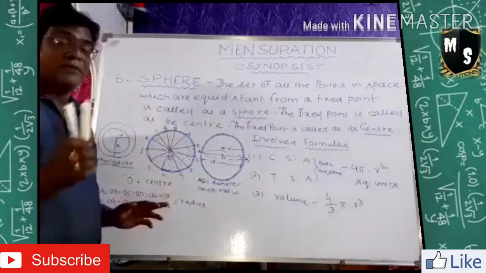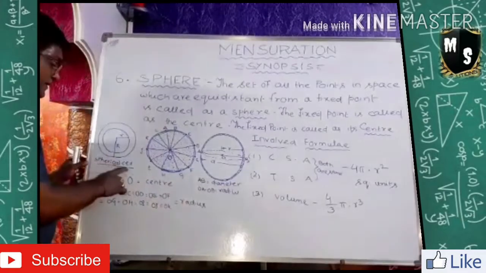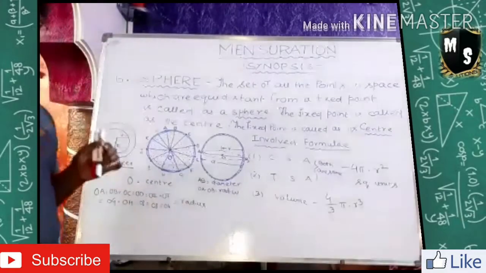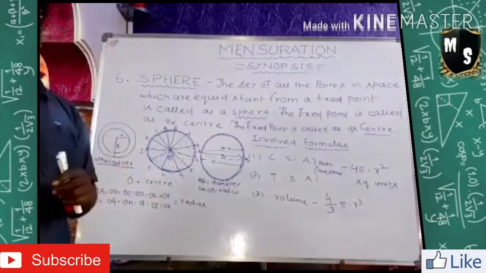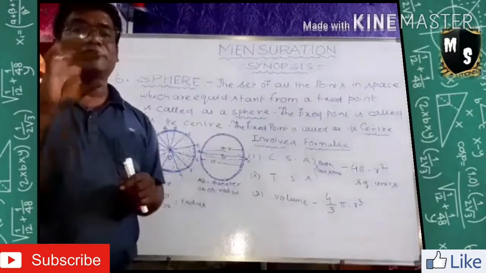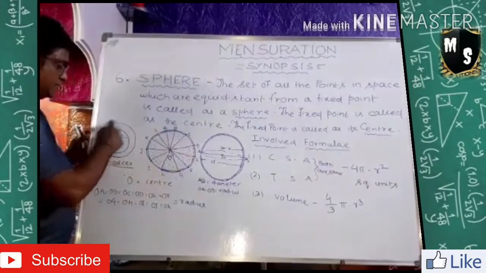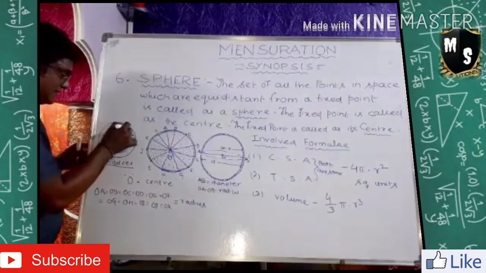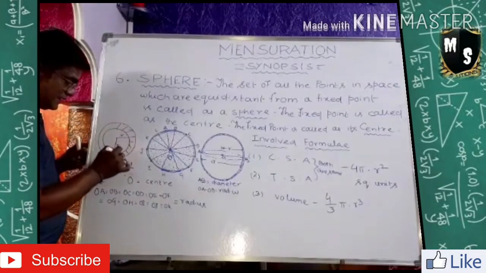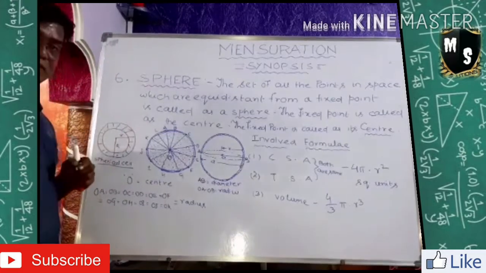Another most important figure I want to show you is the spherical shell. Try to understand what a spherical shell is. No teacher will tell you, no book will tell you, but in an IIT book it will be there. You observe here there is an outer sphere and an inner sphere. This region is called the spherical shell, and this is called the thickness of the sphere.